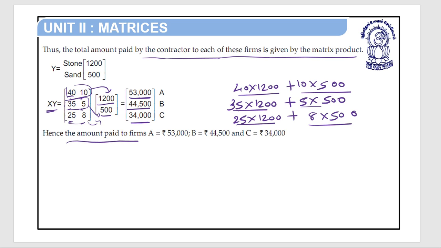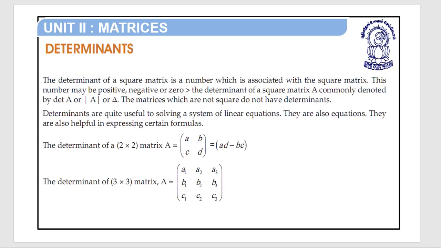Hence the amount paid to firm A is rupees 53,000, B is rupees 44,500, C is rupees 34,000.